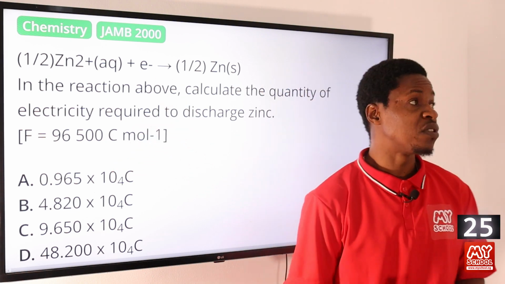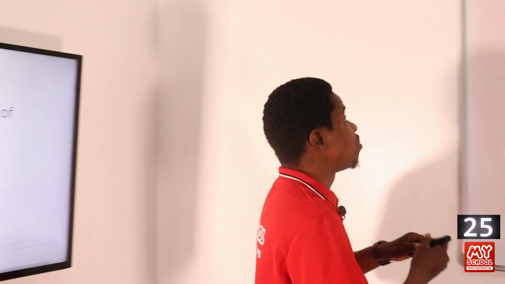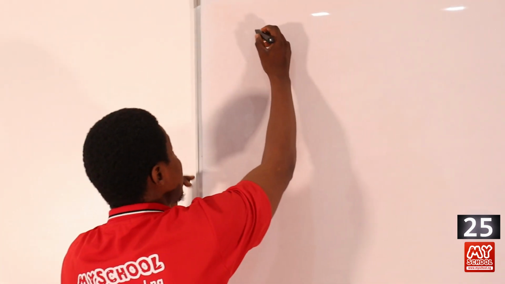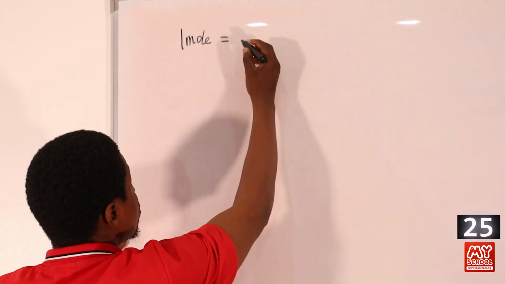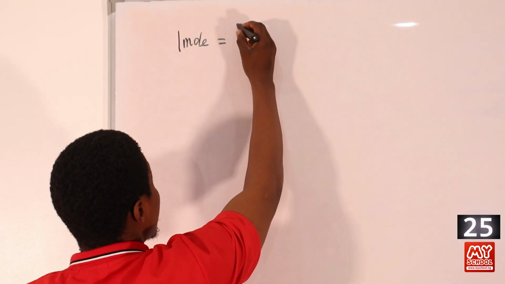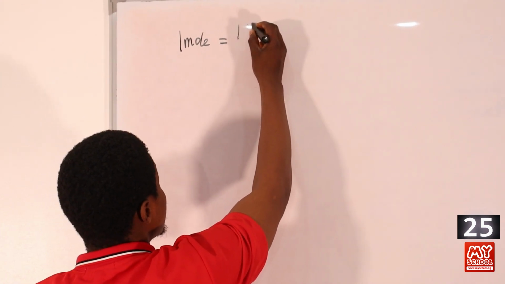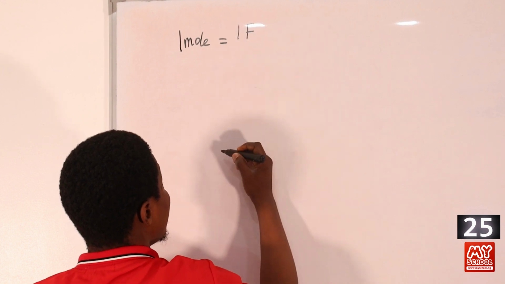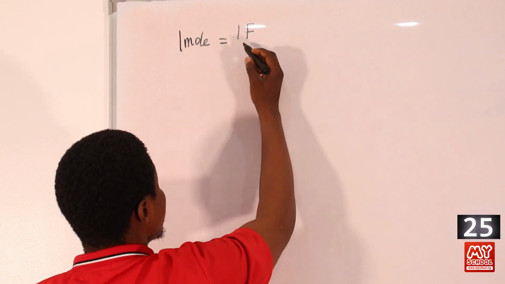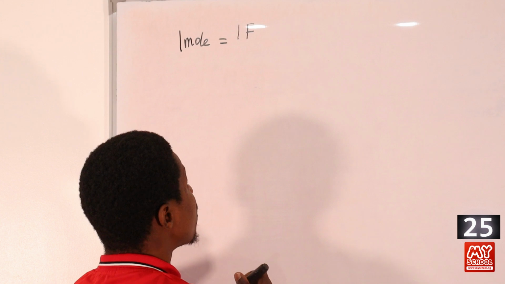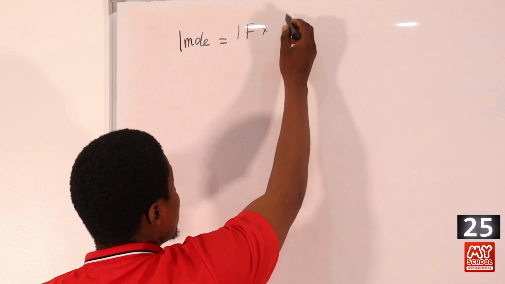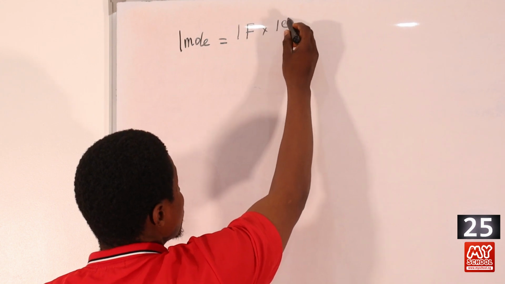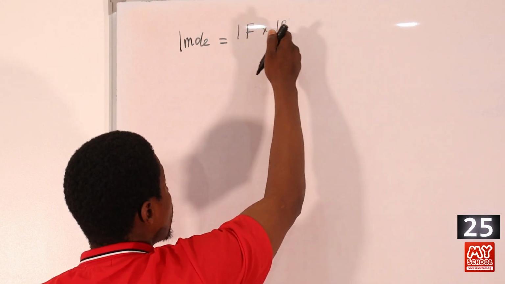96,500 coulomb. Let's move to the board so that we do justice to that. So it means that 1 mole should be equal to 1 Faraday, because in this case we have 1 electron. Of course, it is going to be multiplied by the number of electrons. If it is 1 electron, it will be 1 times 1, which is 1 electron.